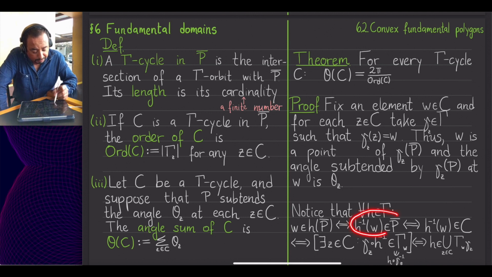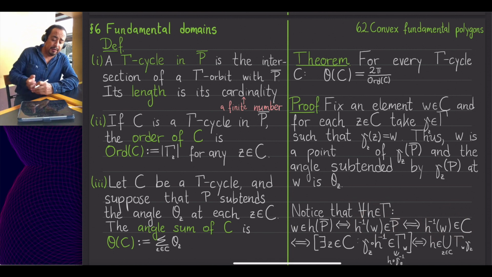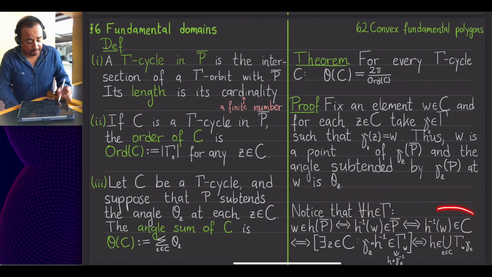But this happens if and only if H inverse of W is in C, right? And this is obvious. If this is in P bar, then of course this one is in C, because then it would be in P bar and in the orbit of W. And if it's in C, then it's of course in P bar, because C is a subset of P bar, right? So this is also obvious.